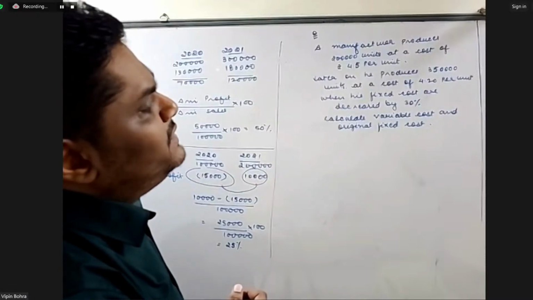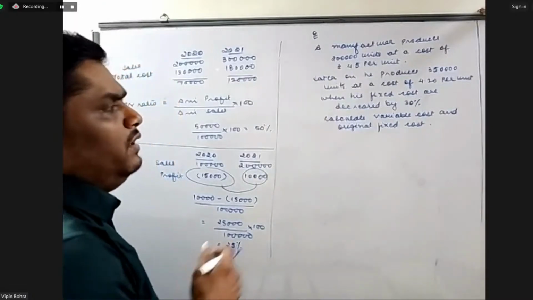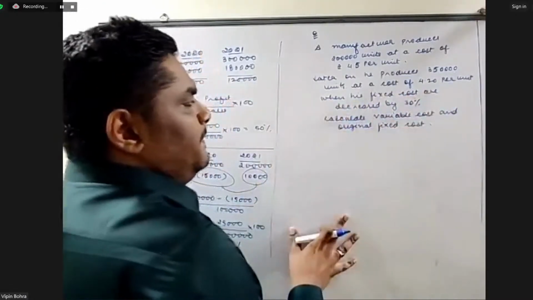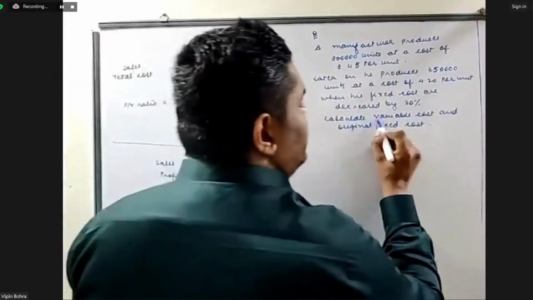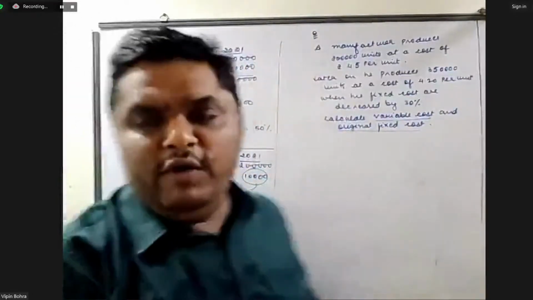Later on, he produces 3,50,000 units at a cost of 4.20 per unit, when his fixed costs are decreased by 30%. You are required to calculate the variable cost and the original fixed cost. So waiting for your answers, guys.